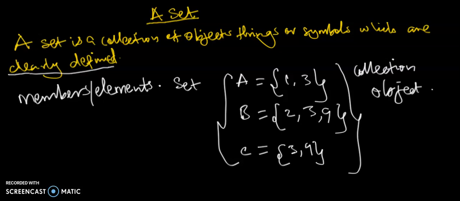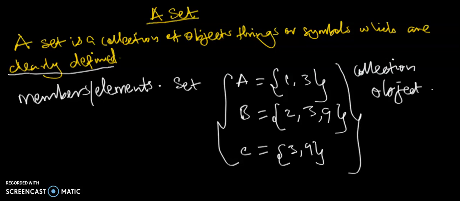Sets can intersect each other, and when that happens, we have symbols that we use to refer to intersection. So I would like to introduce those symbols as we take examples in set theory.